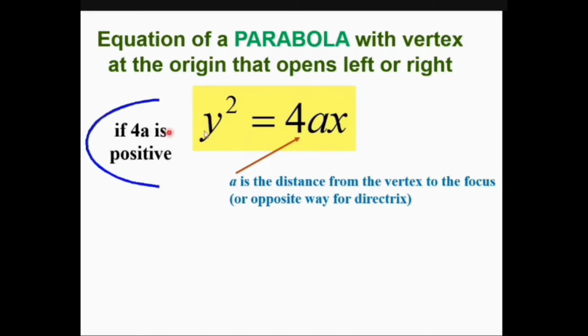Okay, if 4a is positive, then the parabola opens to the right. Meaning, kung yung numerical coefficient ng x, or if the coefficient of x is positive, we know that the parabola opens to the right. Ngayon naman, if 4a is negative, then the parabola opens to the left.